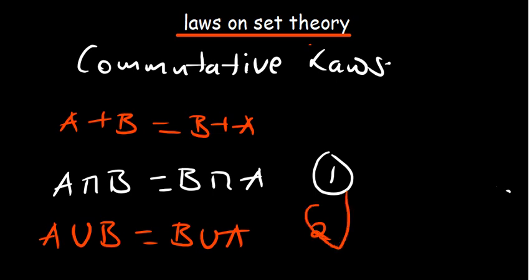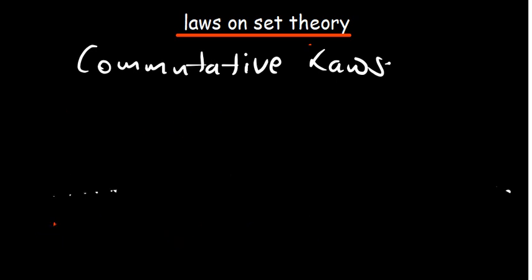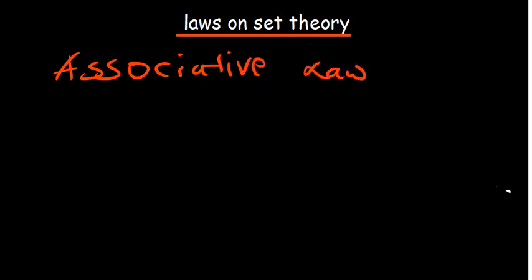Okay. So now the other law that is related to commutative laws is what we call associative laws. Associative laws are different from commutative laws because these apply to three different things.